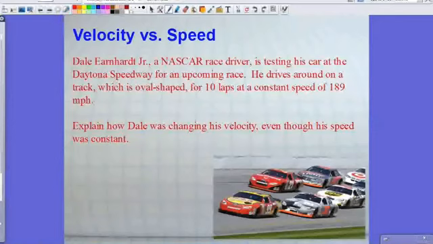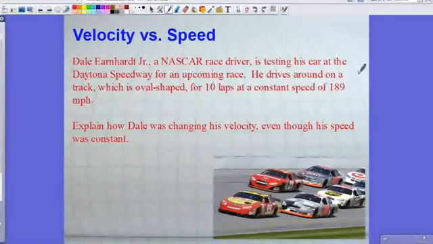But anyway, hypothetical question again. If you ever watch NASCAR, they always talk about these people's speeds and they talk about the velocity of their car. So let's say that Dale Earnhardt Jr. is a NASCAR driver. He's driving around an oval-shaped racetrack, and he's going at 189 miles per hour. So his speed is 189.